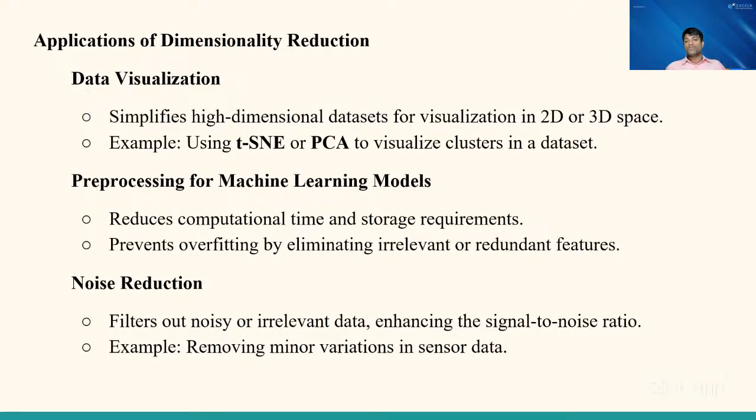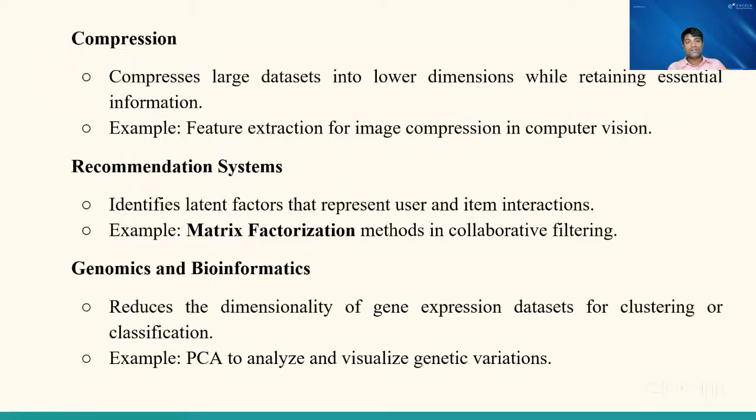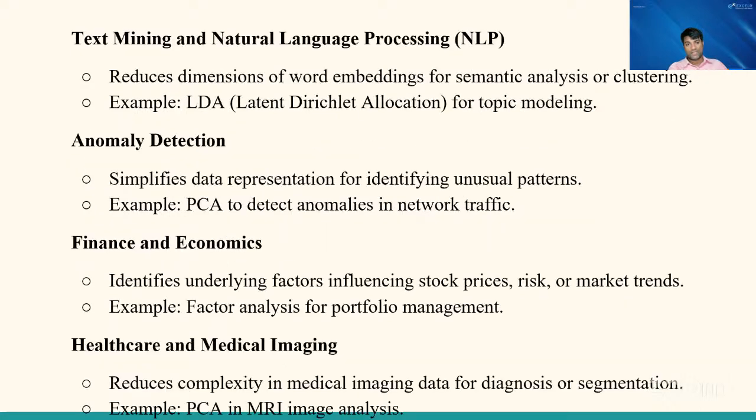For example, if you use mics in mobile phones and cameras, reducing that particular noise is where the noise reduction technique is applied. Compression is where we reduce the size of the data while retaining the important things. These are some of the applications we can go through later.